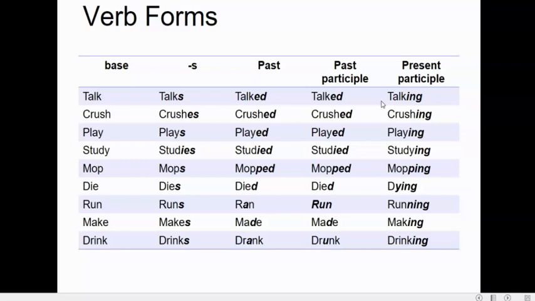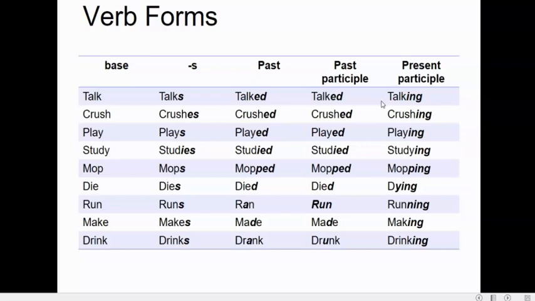So we know that the nucleus or the core of the predicate, which expresses action or condition, is the verb. So verbs will take a particular form, morphologically speaking, depending on what it is that we want to communicate with them.